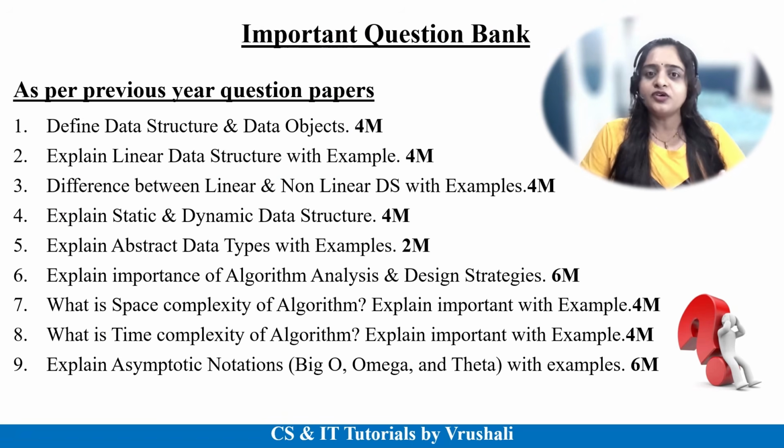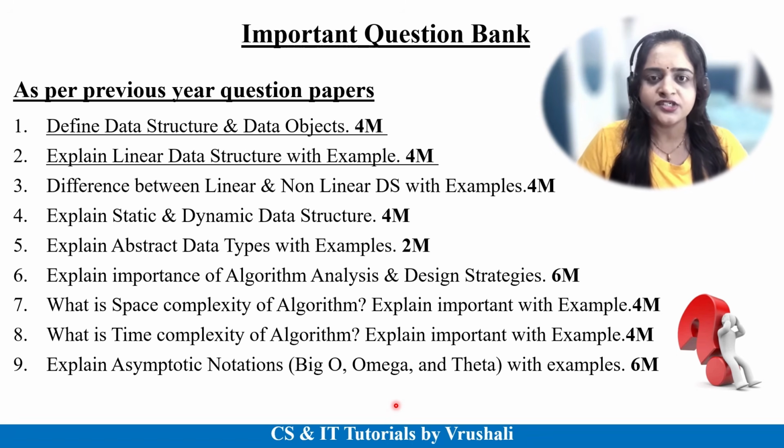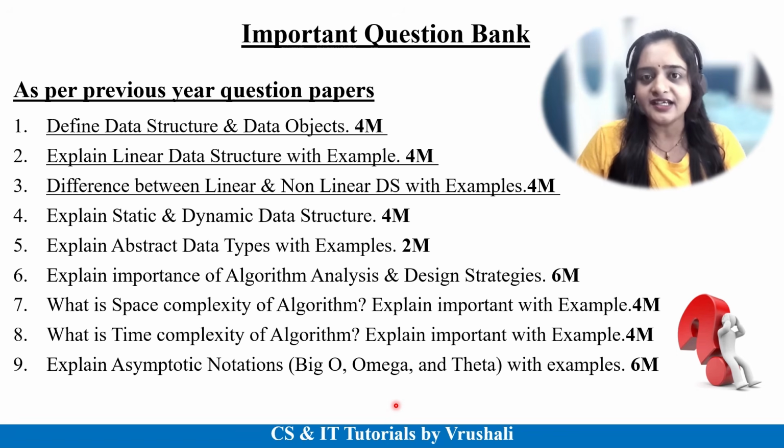Again, as per your previous year question papers, these are some important questions that have been asked in your in-sem exams or university exams. Define data structure and data objects for 4 marks, difference between linear and non-linear data structure, explain linear data structure with examples for 4 marks, difference between static and dynamic data structure. If any difference question is asked for 4 marks, you have to write mostly 5 points with an example.